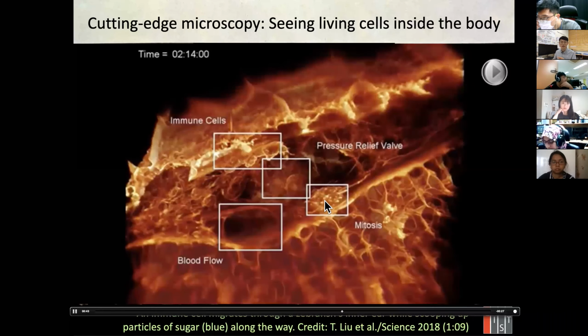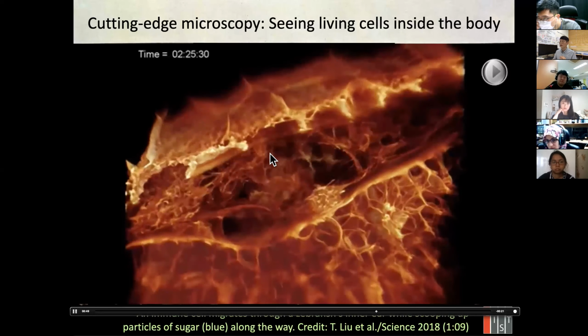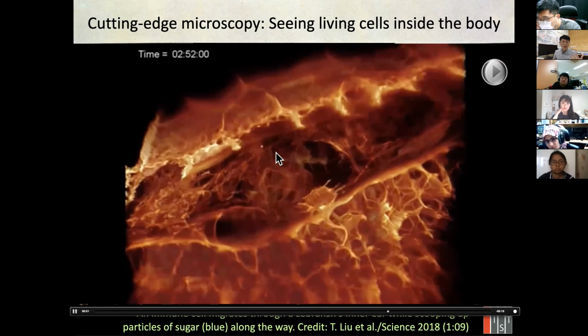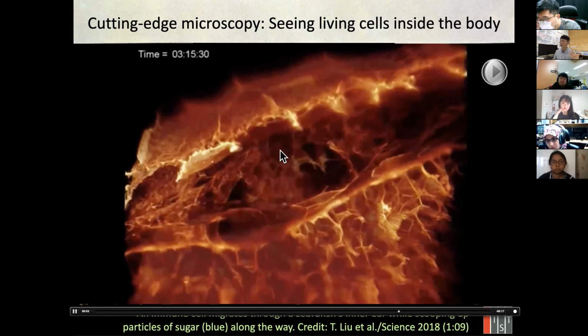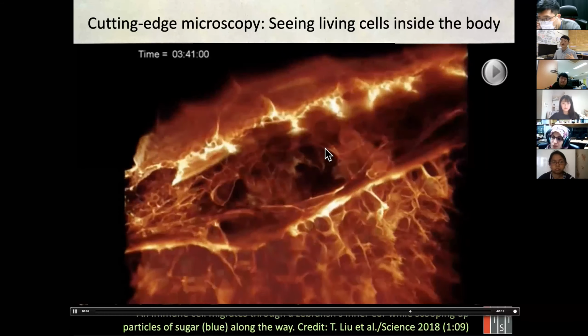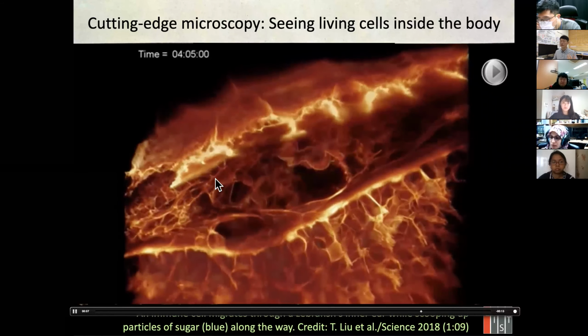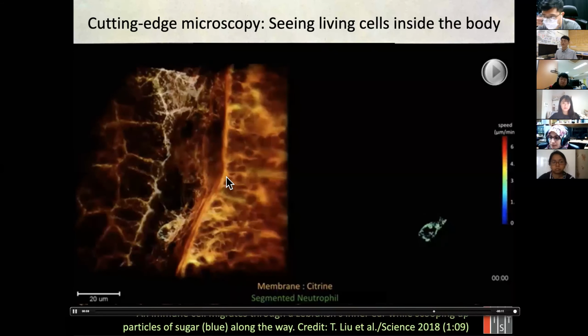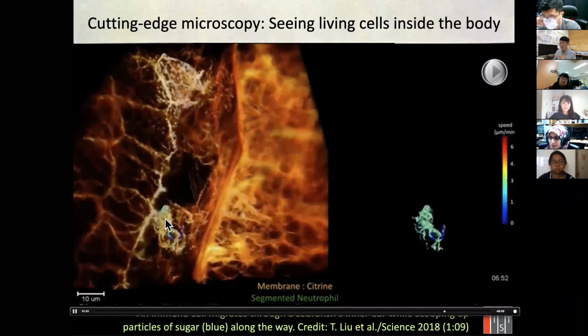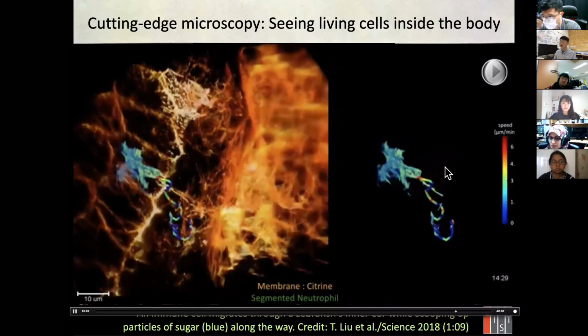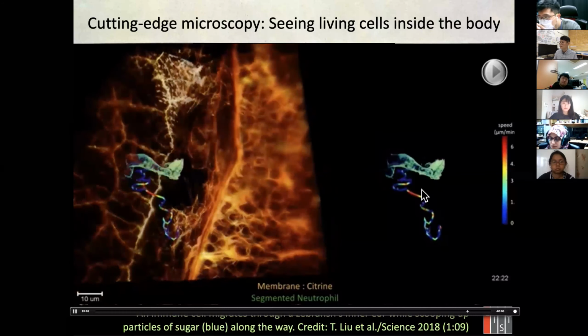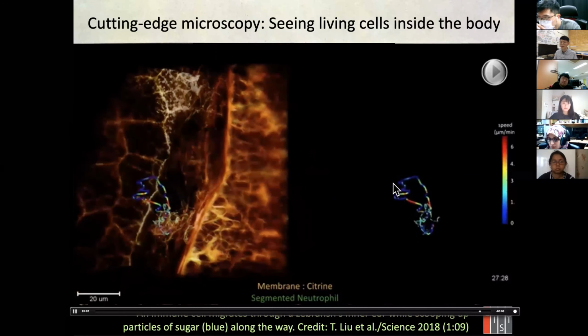And there's a mitosis of endothelial cells, and immune cells are being observed in real time at exquisite resolution, so now we can study these phenomena in real time. So that is possible, and we can take out the immune cell, and using MATLAB and image analysis, you can see the trajectories of the immune cells in 3 dimensions.